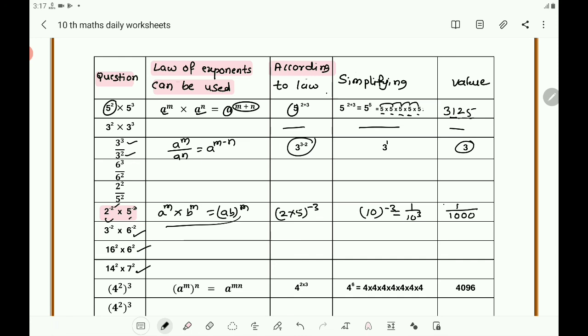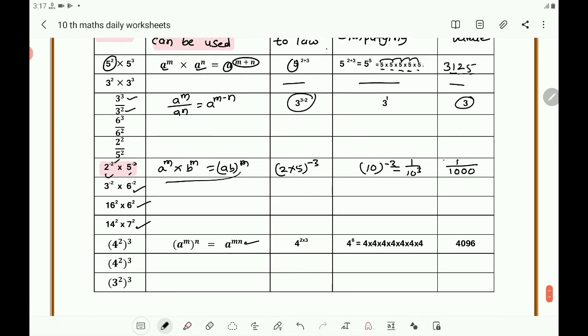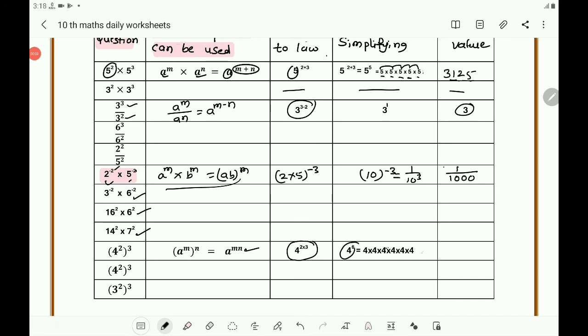Then here use this law, a power m whole power n is equal to a power mn, that is 4 power 2 into 3, which is 4 power 6. So you write 4 six times: 1, 2, 3, 4, 5, 6.